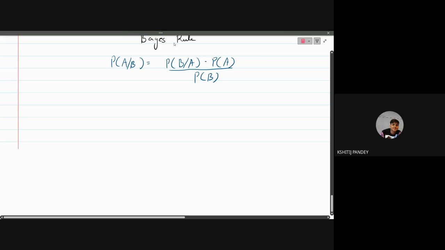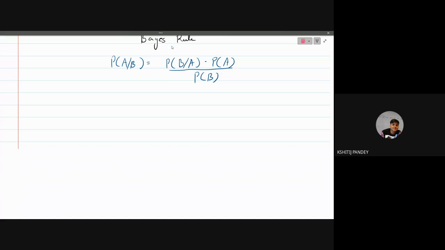So let's say we have parameter theta. A here is the unknown parameters you have, the thetas, and B is your data.